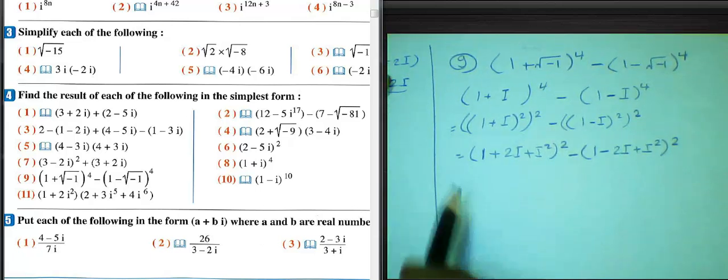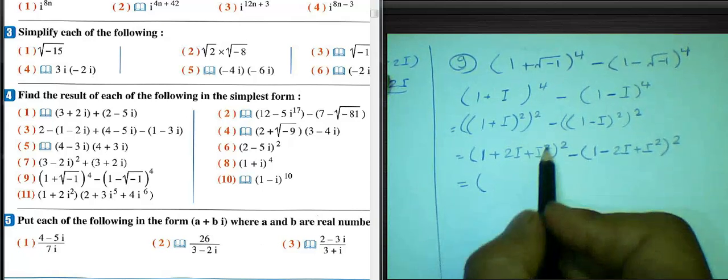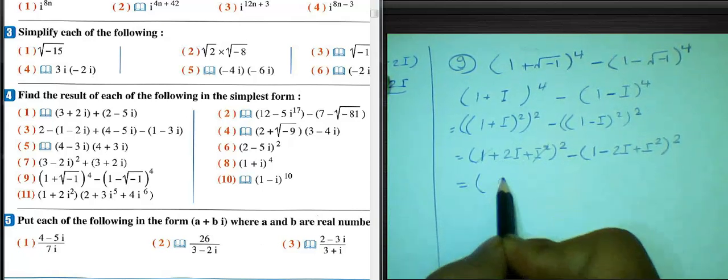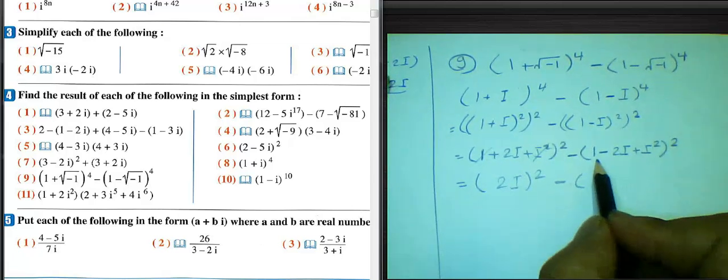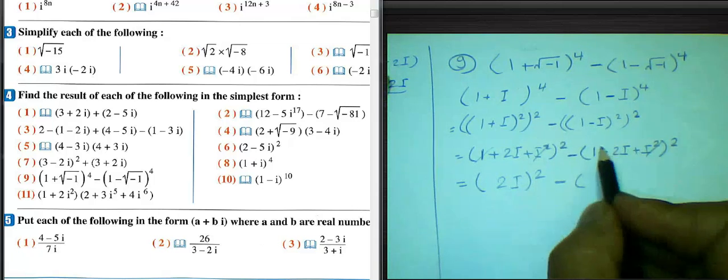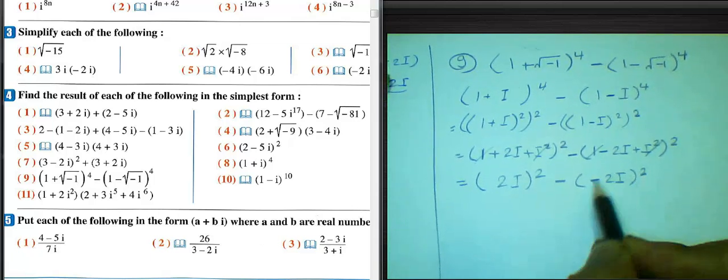It's okay, understood. i power 2 equals negative 1. Negative 1, we will cancel it by 1. The result will be 2i power 2, subtract 1 and i power 2 equals 0. The result will be negative 2i, all power 2.